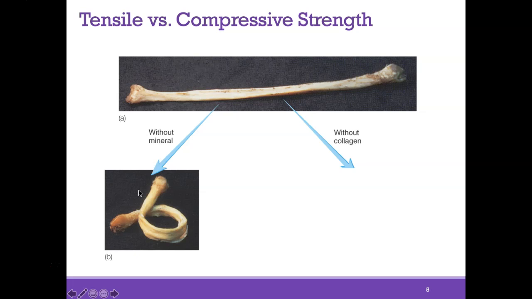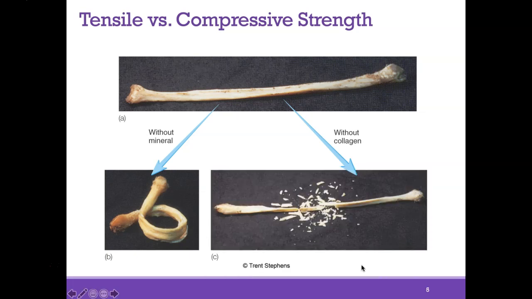You could take a chicken bone and put it in vinegar, and it will seep out all the minerals. And you'll see that with just collagen, bone is very flexible, not very strong. Without collagen, however, bone would be very brittle, and it would crack in response to even very tiny amounts of stress. So it's important that we have both this hardening mineral component, but also the collagen, the flexible component. So we need both of these working together.